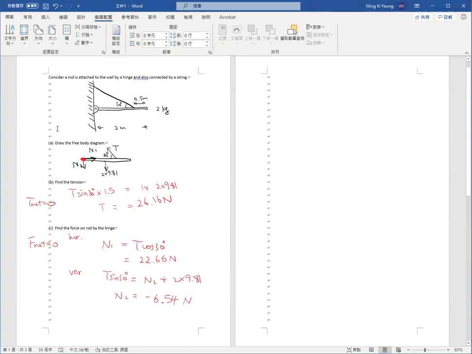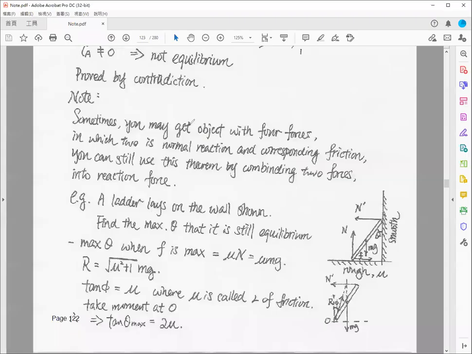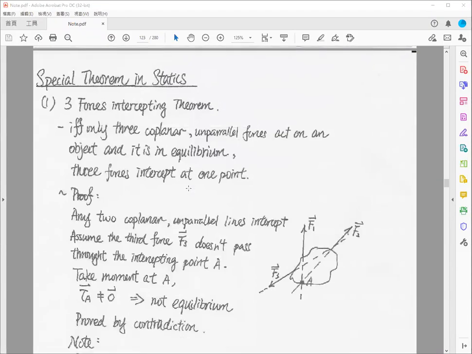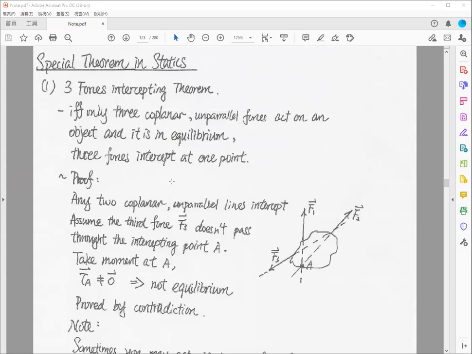I'll just capture the screen here and then send it to WhatsApp. Now, I send you this textbook.